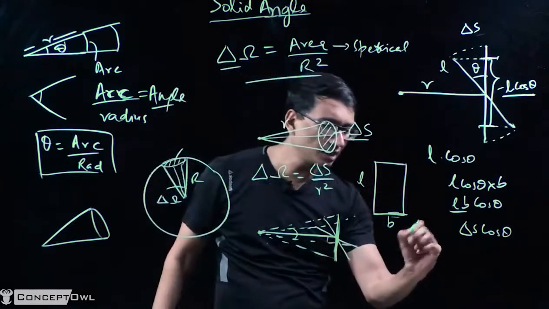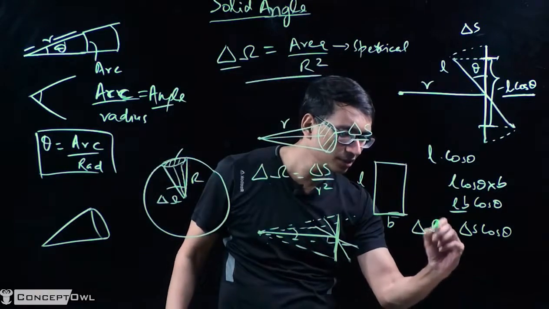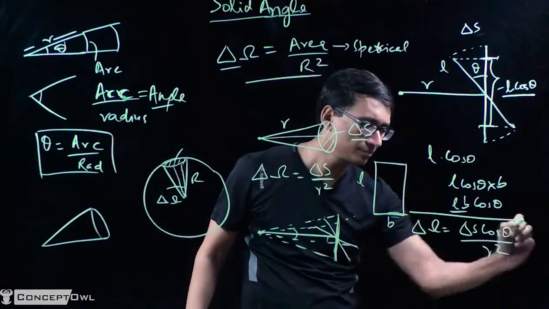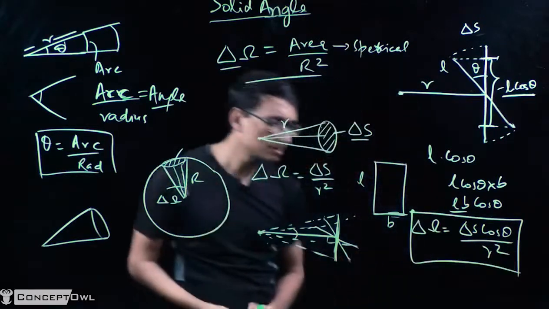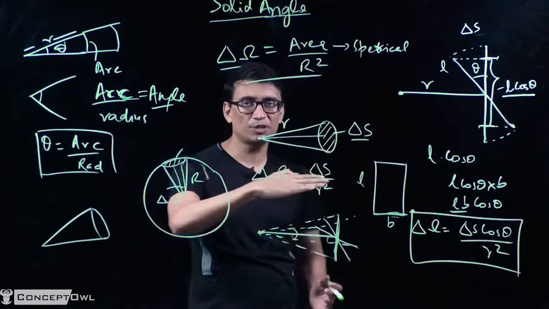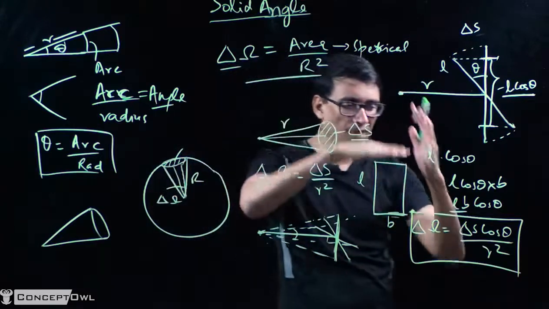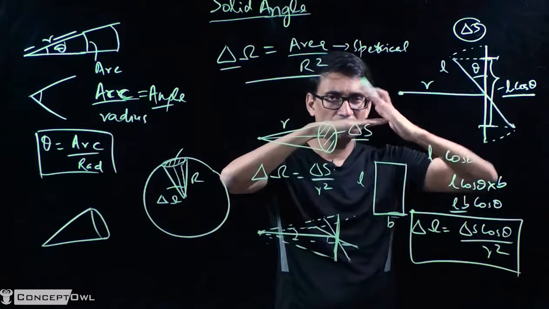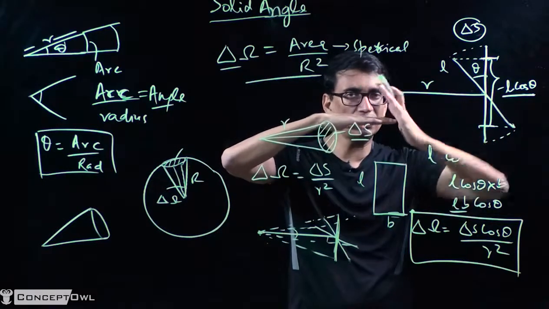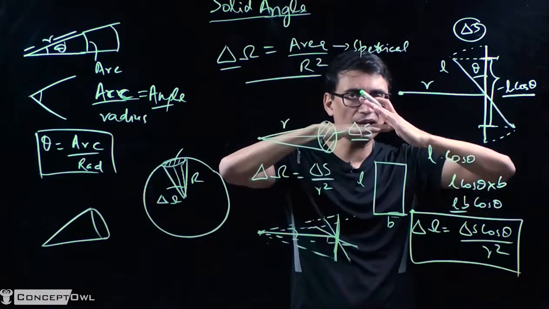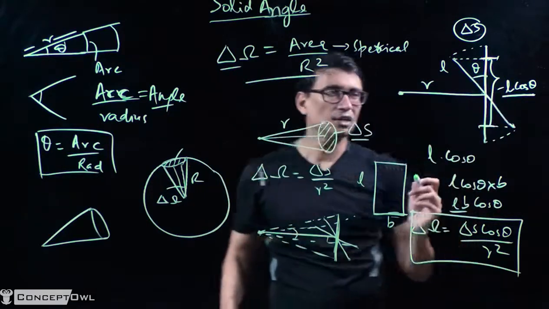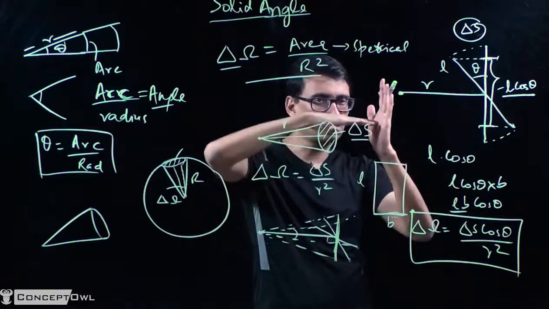My delta omega now is equal to delta S cos theta divided by r square. This is the solid angle projected by a surface of area delta S when its orientation is changed, and now there is an angle theta between the surface and the radius.